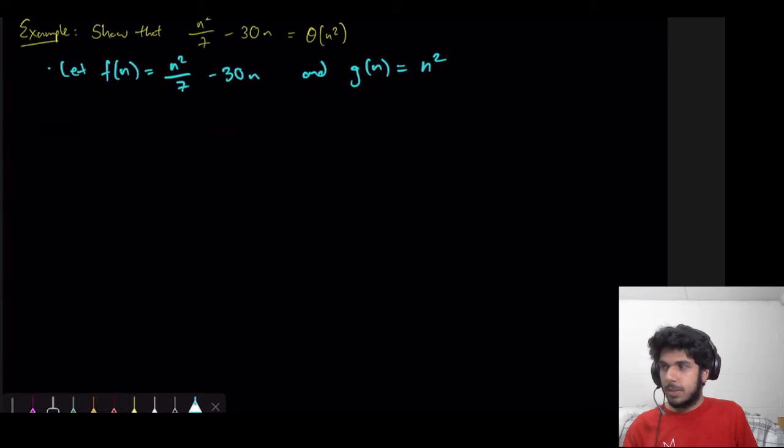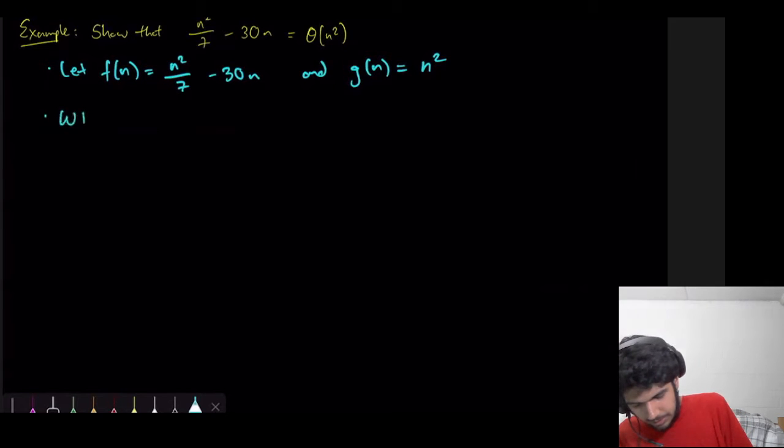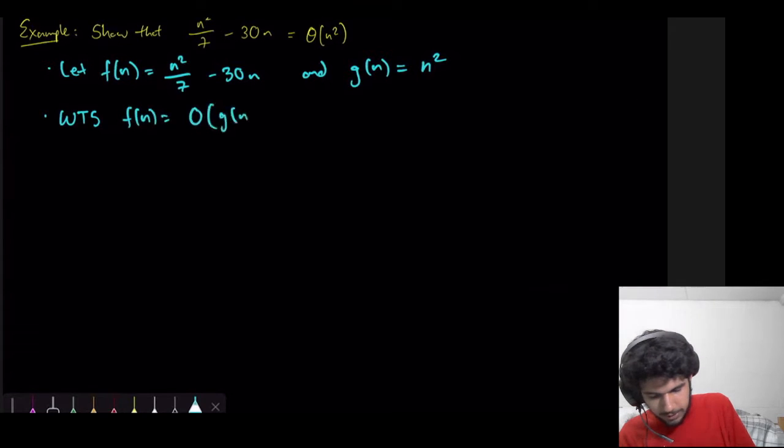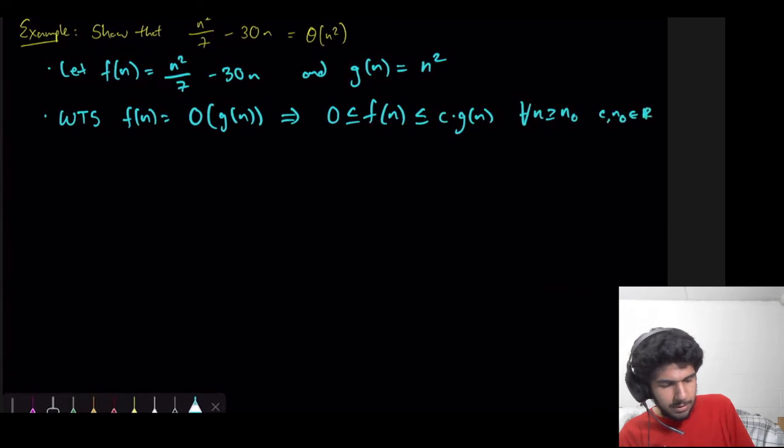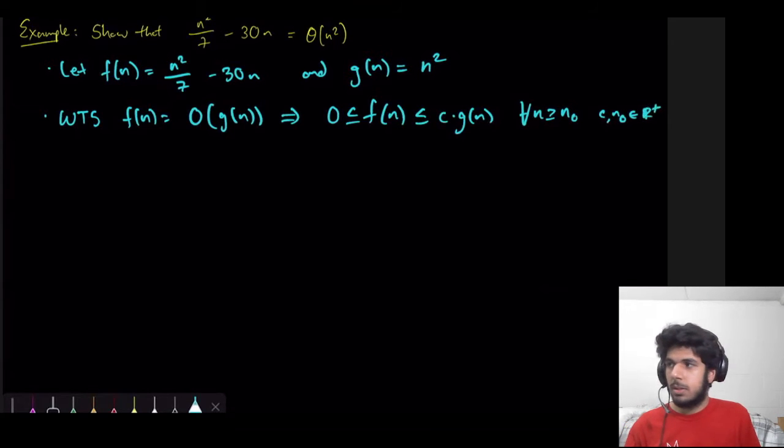All right, so first we want to show, I abbreviate it as WTS, that f of n is equal to big O of g of n, which means that we want to find constants such that this relationship holds for all n greater than or equal to n naught, where c and n naught are positive numbers.